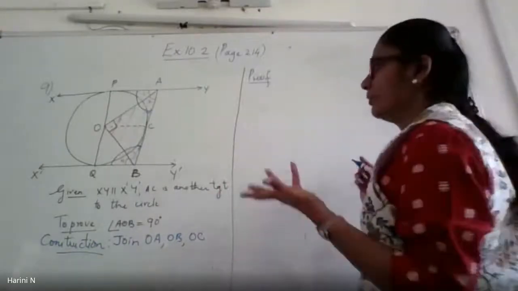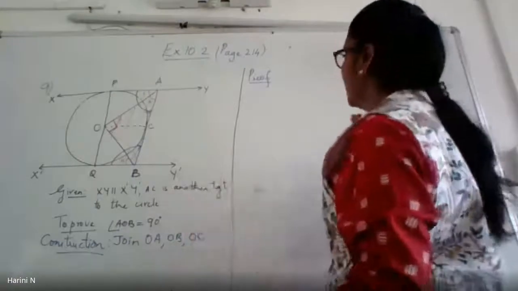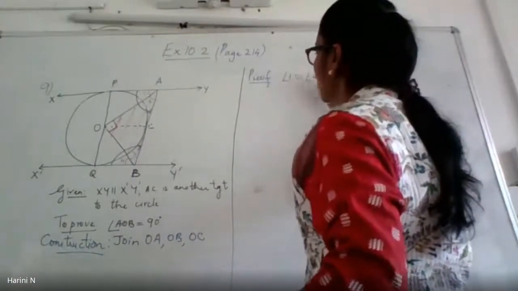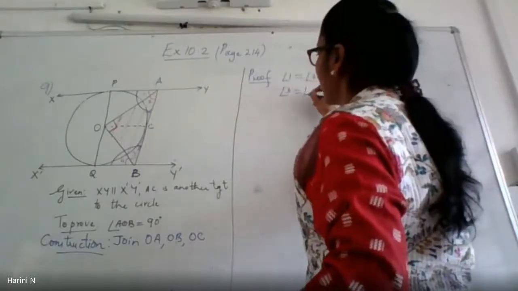All right. So we will just use theorem 3 here. I will tell angle 1 equals angle 2. Similarly, angle 3 equals angle 4.